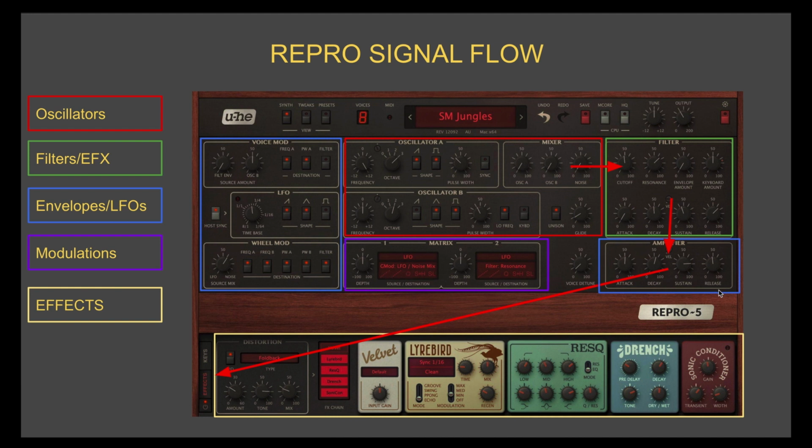And this is the other kind of envelope modulation, or this is more like an LFO area. So here we can affect the oscillator's pitch and the frequency with filter envelope. So for example, apply the filter envelope to the frequency of oscillator A or the pulse width of oscillator A. And also we can apply oscillator B to any of these as well.